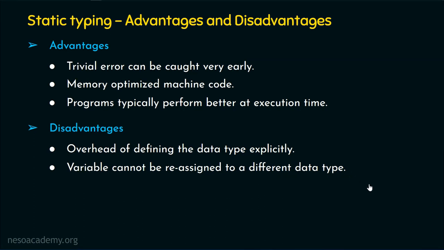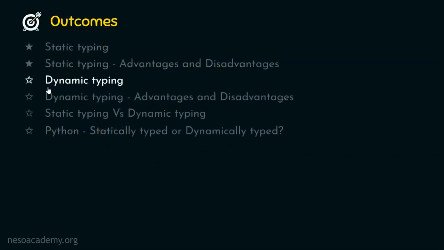Once a variable has been defined with a data type and a value has been assigned to it, the same variable or label cannot be assigned a different data type and used for another purpose.